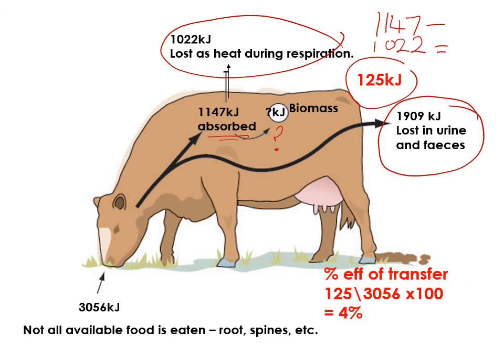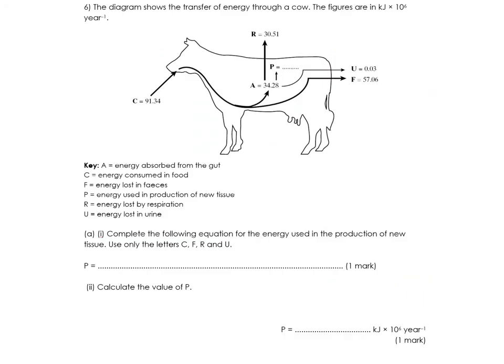The energy available before the transfer, and the energy that's successfully transferred, so the energy available after the transfer, that made it to the biomass. So it's biomass divided by the energy input times 100, it's a 4% energy transfer. Okay, so I want you to go back into your question pack and find question 6 to have a go at, and then we'll join together to share the answer to this.